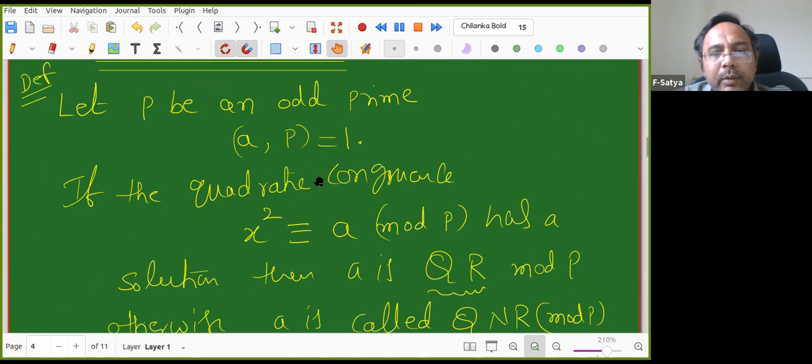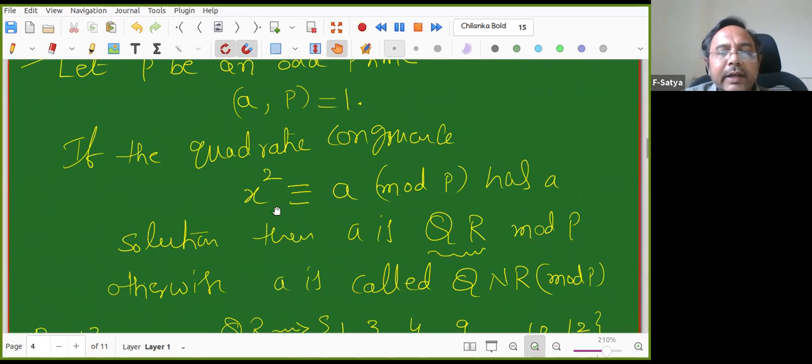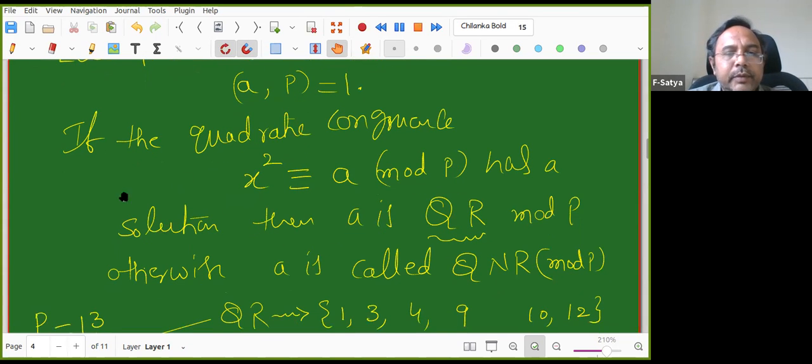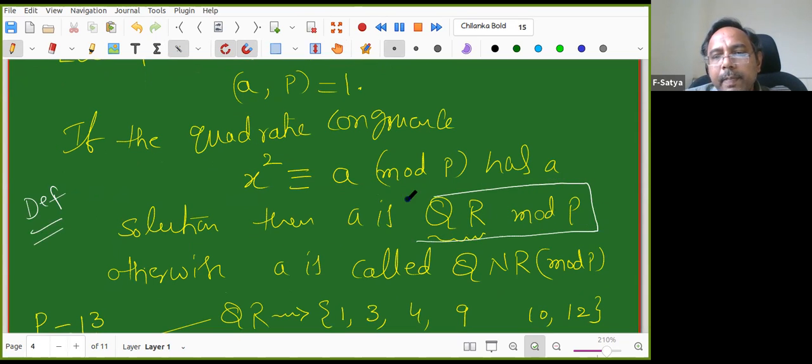We look at the quadratic congruence x square is congruent to A mod P. If this has a solution, then we say that A is a quadratic residue modulo P. Otherwise, A is called a quadratic non-residue modulo P. This is the definition.